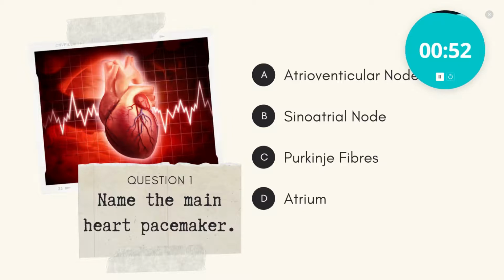You can type in the chat box or do it on a piece of paper. I'll be giving you the answer in another 15 seconds. Ten more seconds to go. 3, 2, 1.